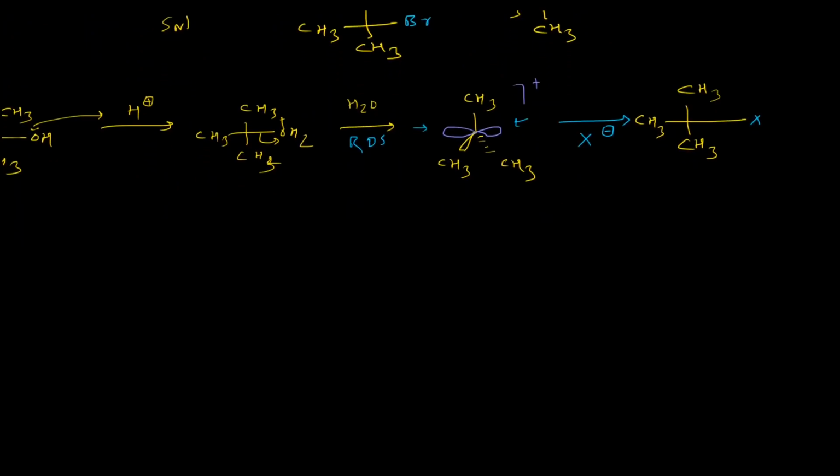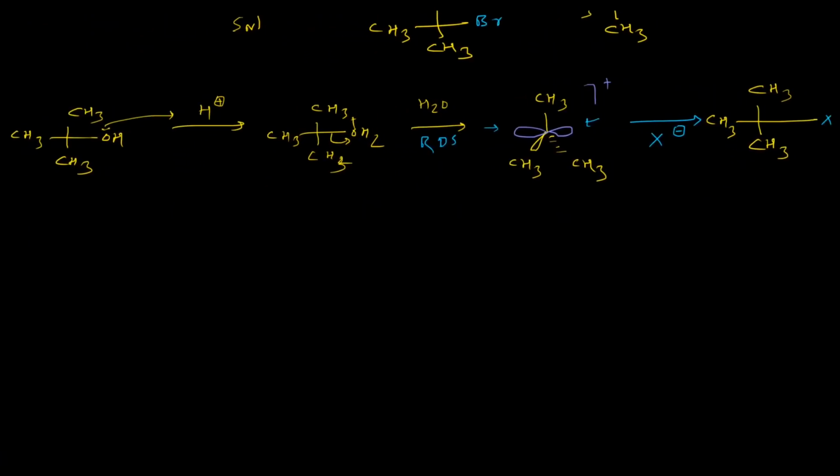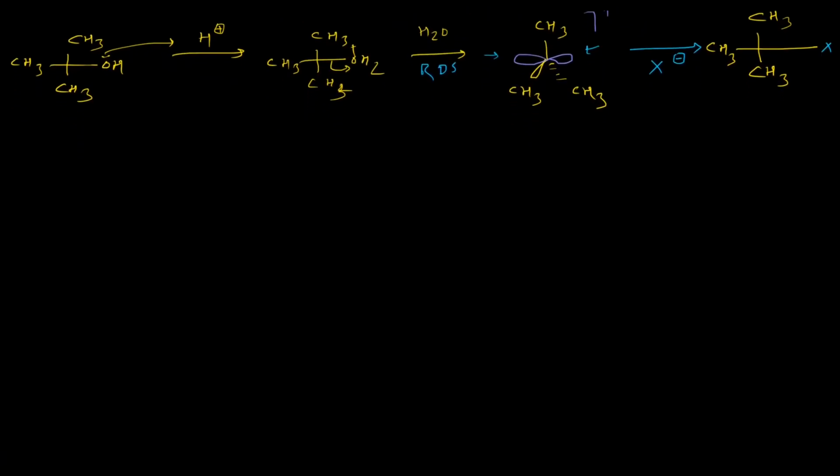Now let us consider what will happen in case of primary and secondary halide synthesis. If we want to transform ethanol or cyclohexanol into the corresponding chloride, let us consider the alkyl chloride formation first, primary and secondary.